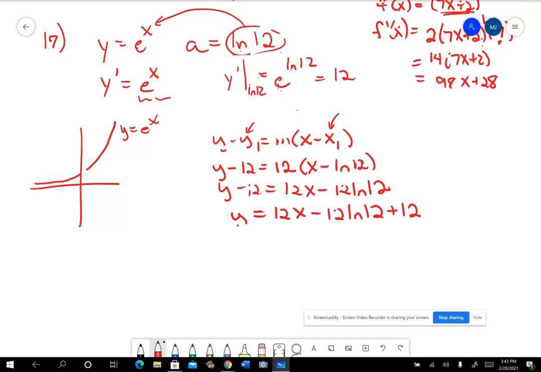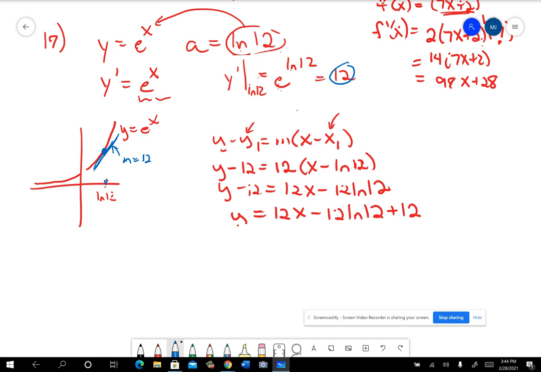And then somewhere, wherever ln 12 is, I don't have my calculator right here to evaluate what ln of 12 would be, but you're coming over to an x value of ln 12, and what you just found is that the slope right there, at that tangent line, is 12. Okay, that's 17.